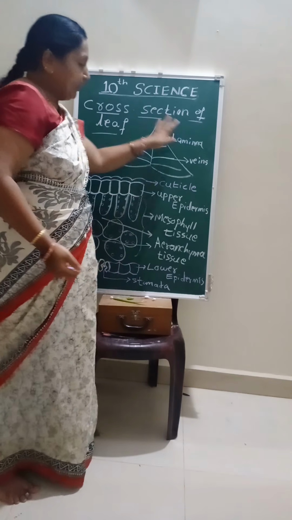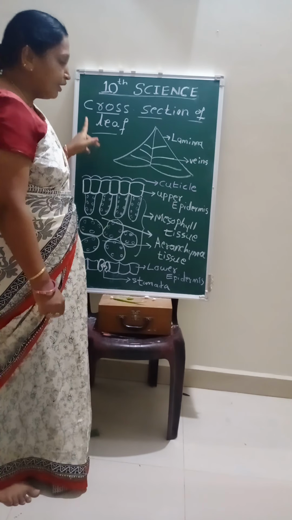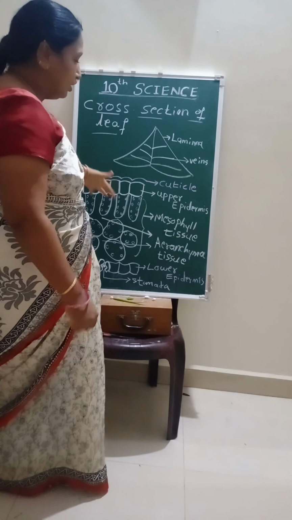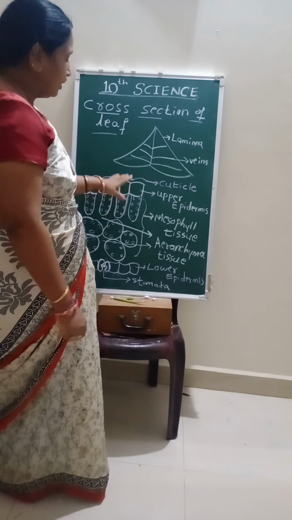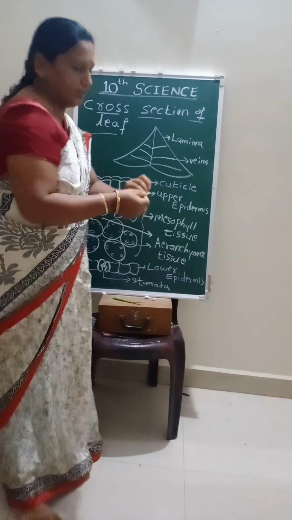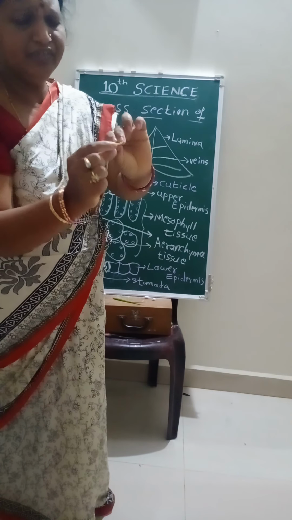So I am narrating you the structure once again, and I am briefly telling you the functions. In the next class I am going to give you the brief notes about the function, but here I am narrating. So this is the lamina, the outer structure of the plant. You can hold the leaf and you can study.